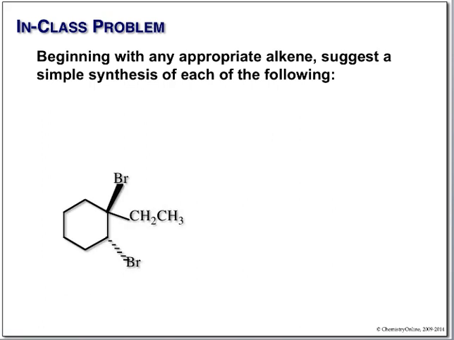Our next compound. Do the game here. Look at it and say, what type of compound is it? How do I know to make that type of compound? What alkene would I need? What compound would I need in order to do that?